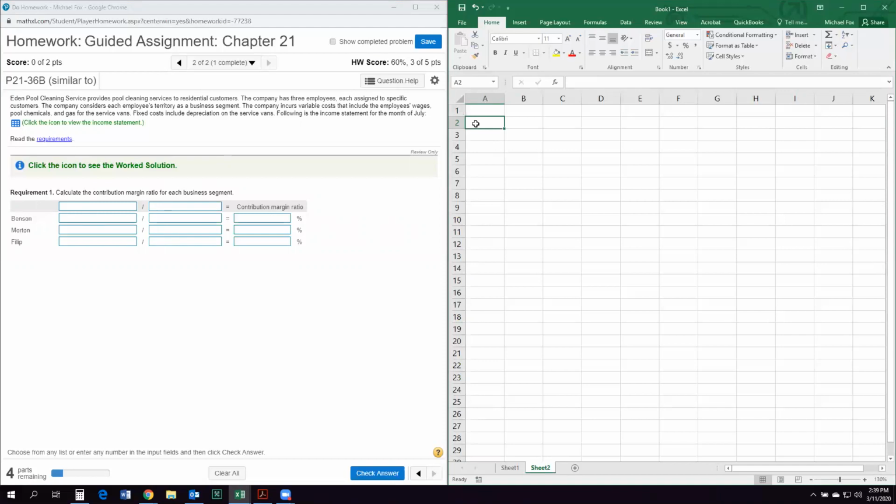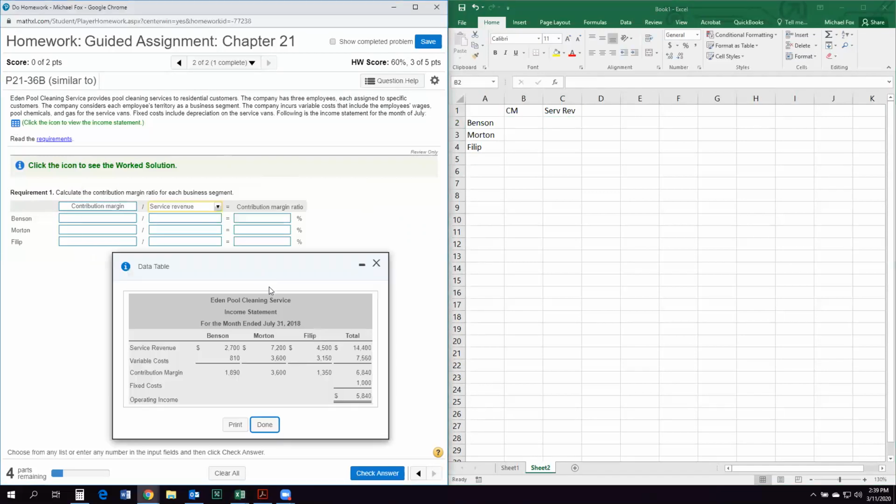So I'm just going to start with setting this up again. Our 3 employees are Benson, Morton, and Philip with an F, F-I-L-I-P. And we know contribution margin ratio is going to be our contribution margin divided by our revenue. So contribution margin and service revenue. We can look at the data here.